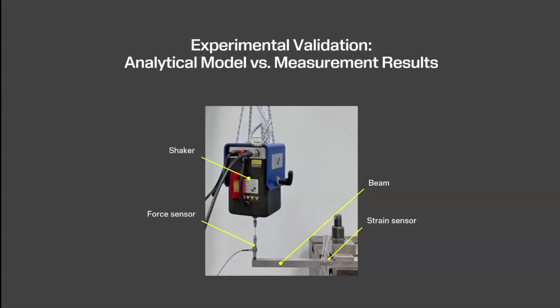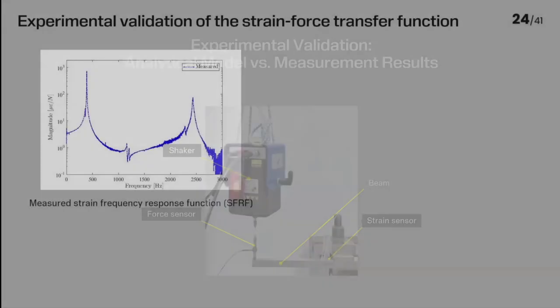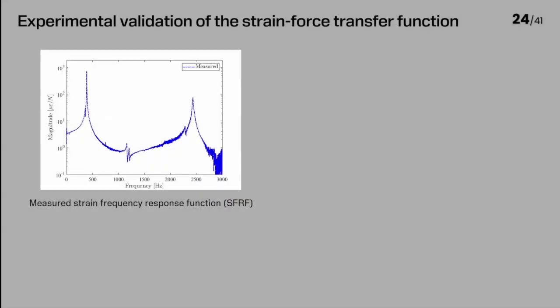To validate this analytical model, we use the following setup. We have a shaker to vibrate the beam from the free end, and a force sensor measures the input force as a reference, and the strain response will be captured by the strain sensor near the fixture. This figure shows the measured strain FRF.